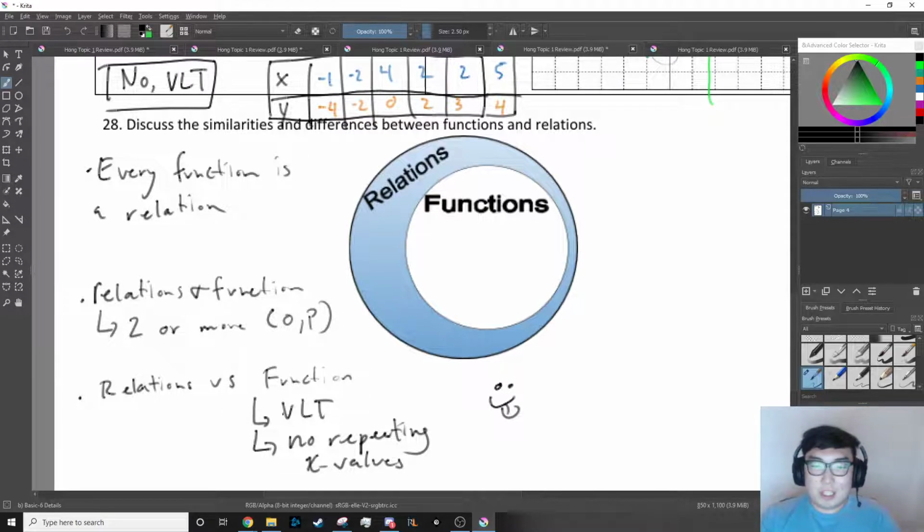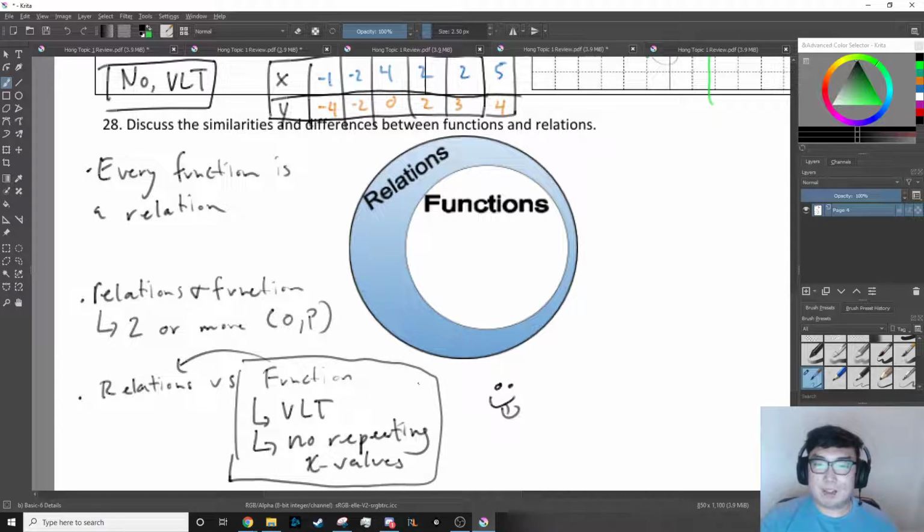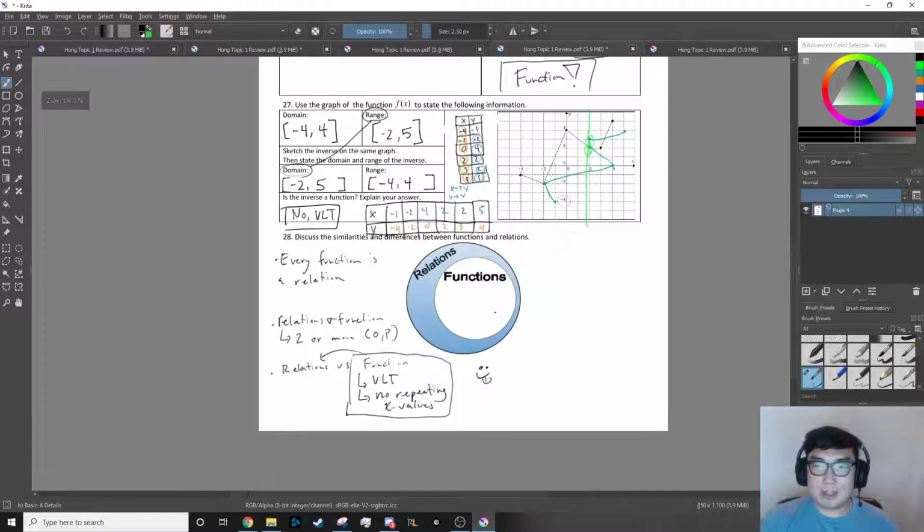So really the key point of this is that every function is a relation, but we know that functions have a limitation, and that limit is that you cannot have repeating x values. That's the main point of that.